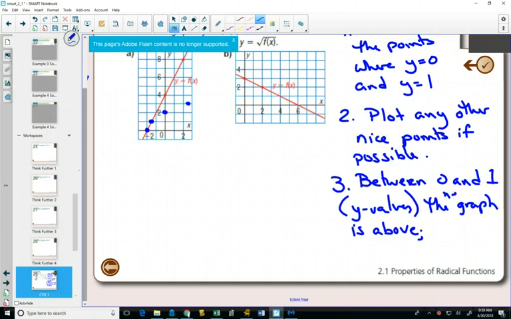Maybe I'll say the new graph is above. Above y equals 1, when your y values are bigger than 1, the graph is below. So on our graph, between 0 and 1, we have to carefully draw it above.